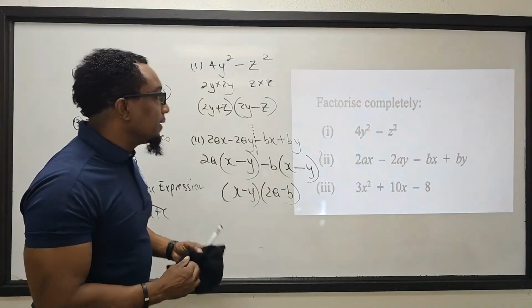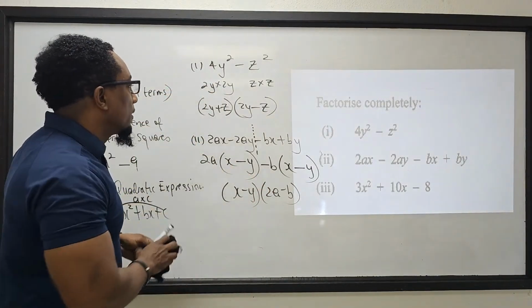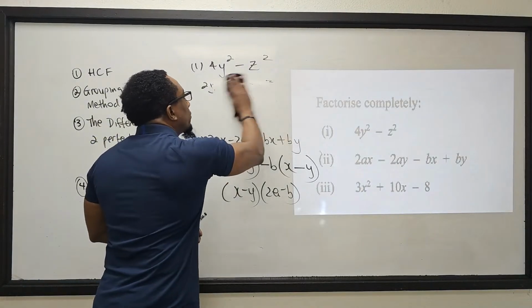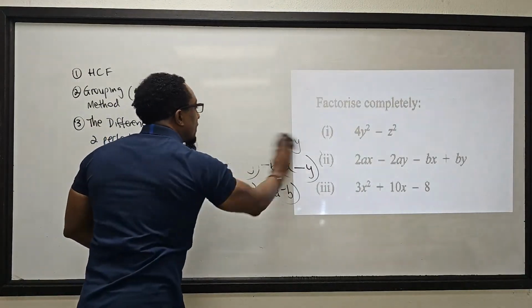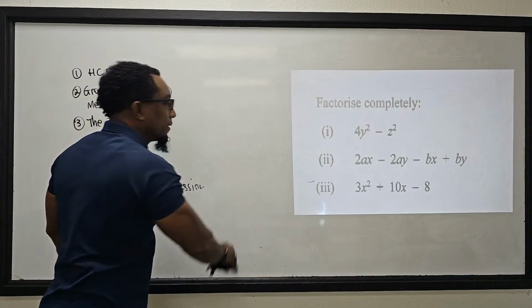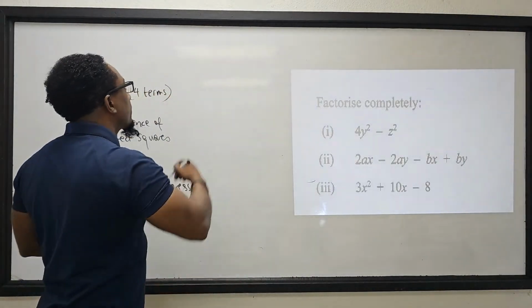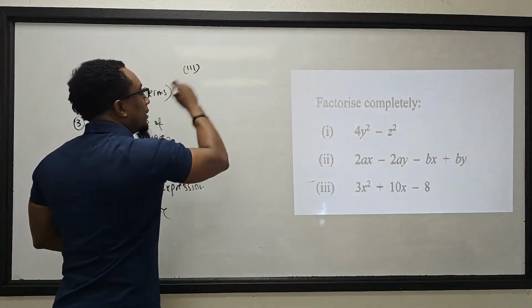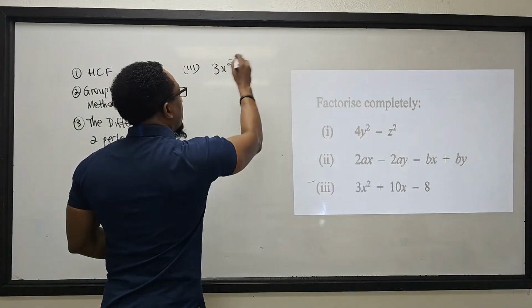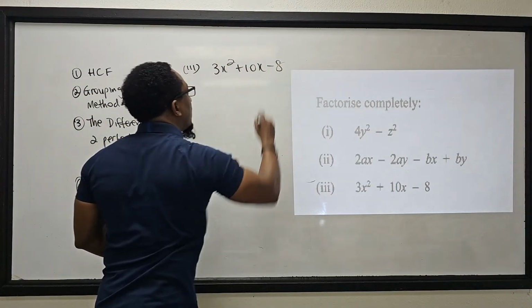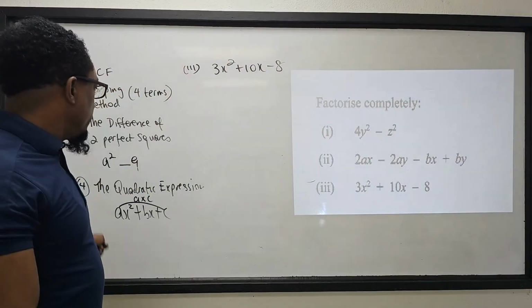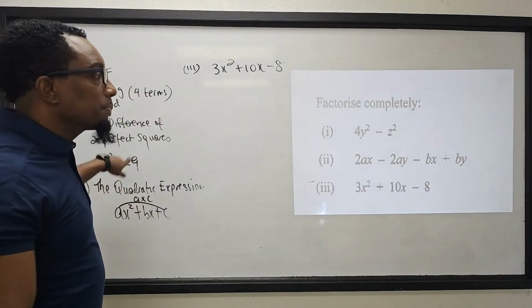Let's do the last in this slide. We have 3x squared plus 10x subtract 8. Clearly to factorize, I'll be using the method of the quadratic expression.